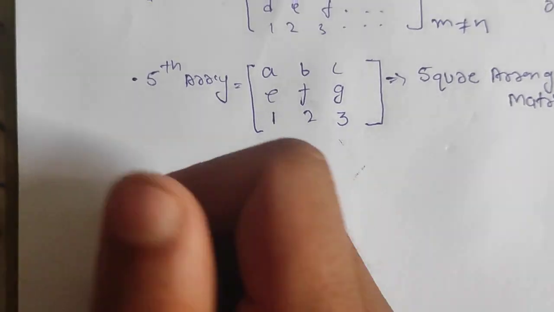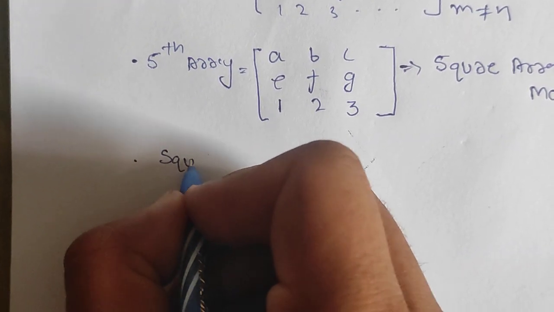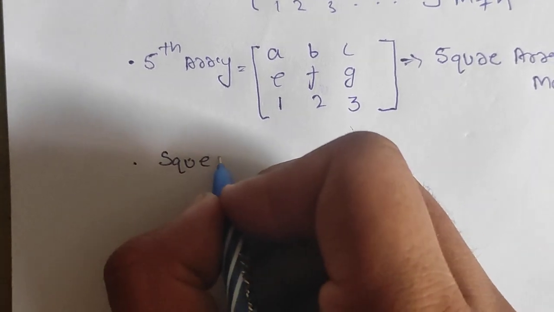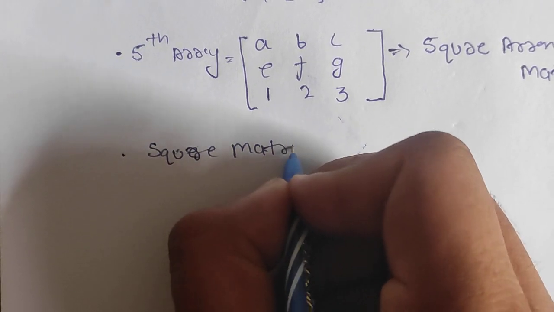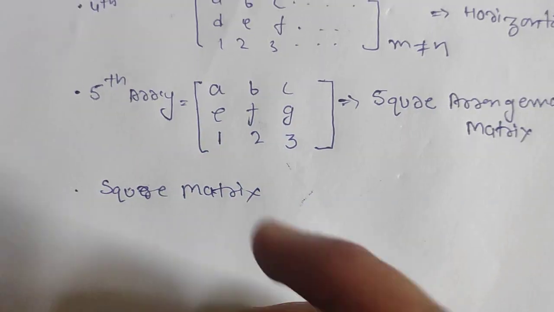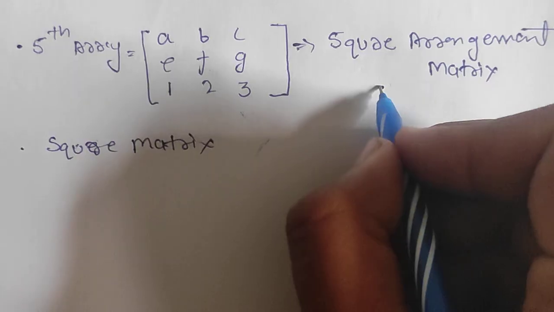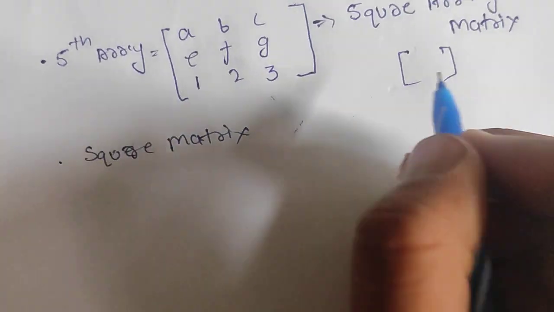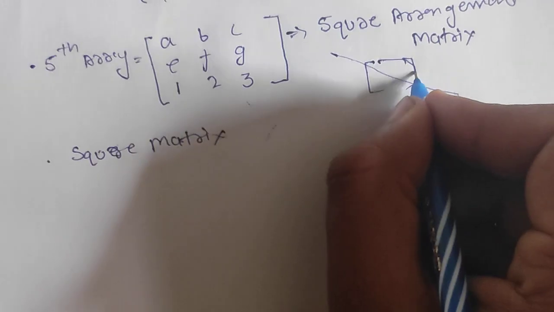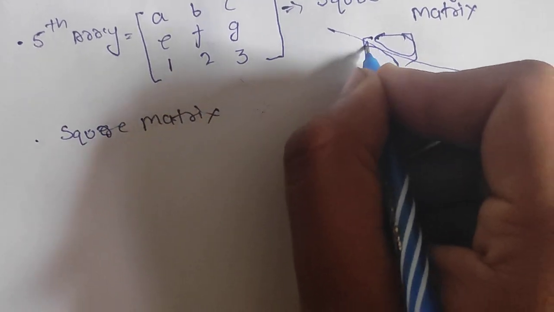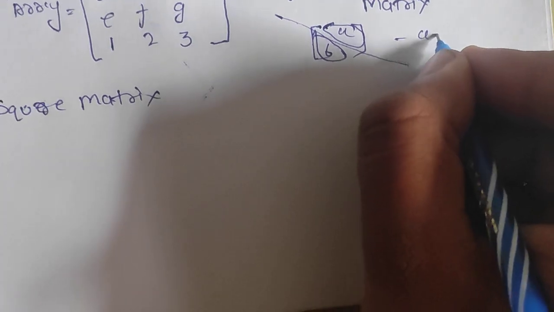Some properties of the square matrix. In a square, we know there is a diagonal, because all the entries above and all the entries below are equal.